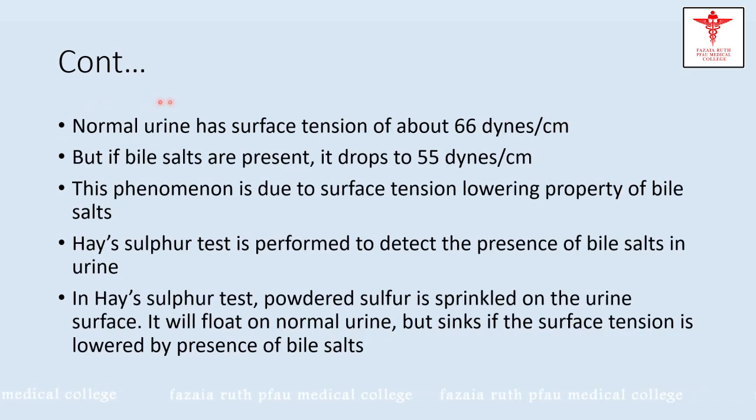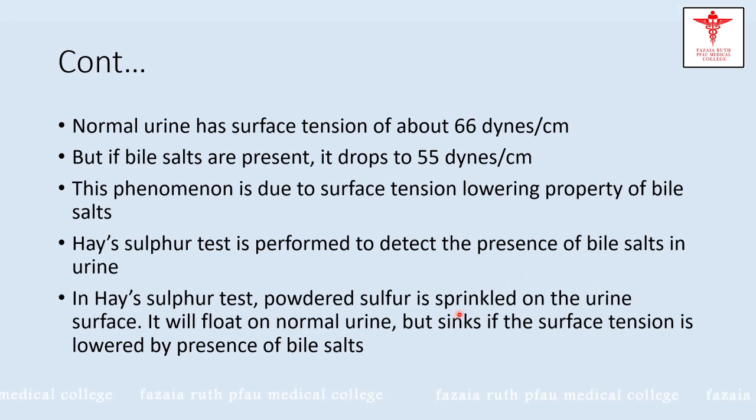The normal urine surface tension is 66 dynes per centimeter. In case of abnormal presence of bile salts in the urine, the surface tension is reduced to 55 dynes per centimeter. As discussed previously, bile salts are amphipathic in nature, so they tend to lower the surface tension of the urine, and this is utilized in the Hayes sulfur test, in which sulfur powder is sprinkled on the urine surface.